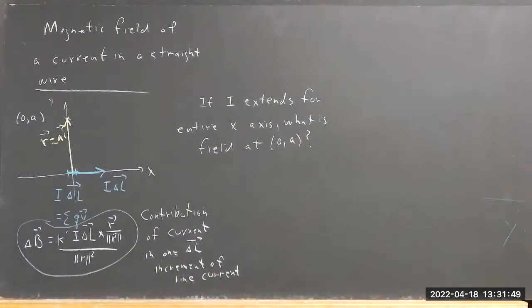Okay, I extends for the entire x-axis. What's the field at 0, A? So how are we going to approach this? We know this applies to any increment, any delta L increment, right?